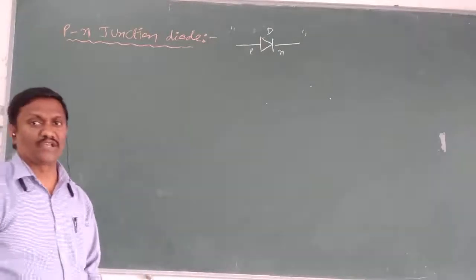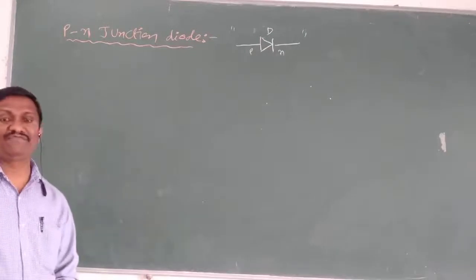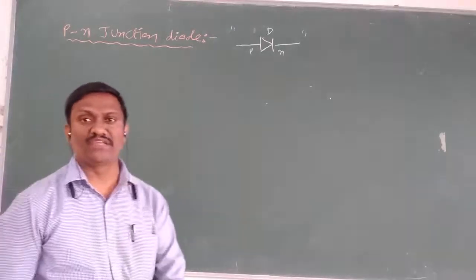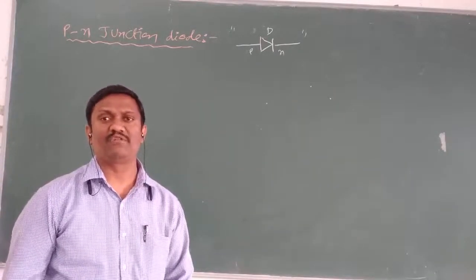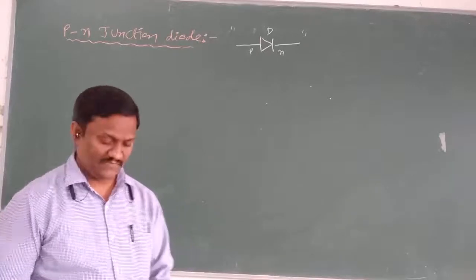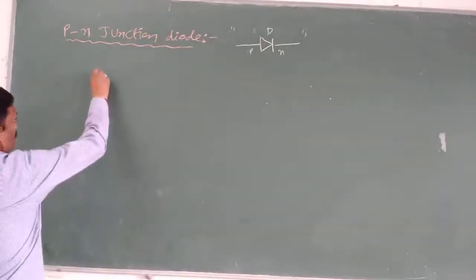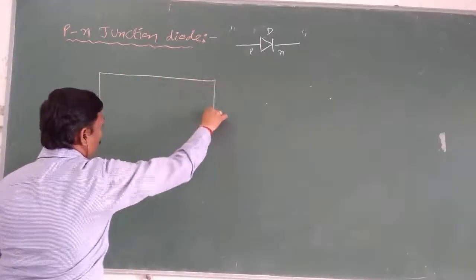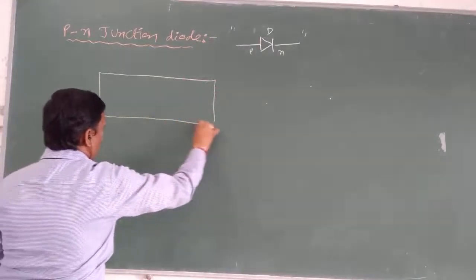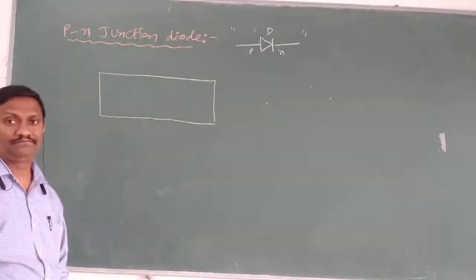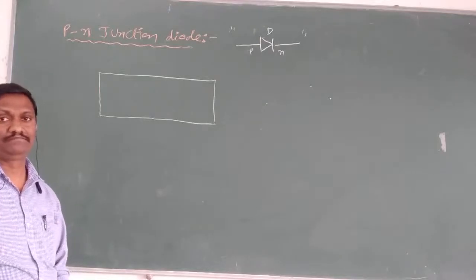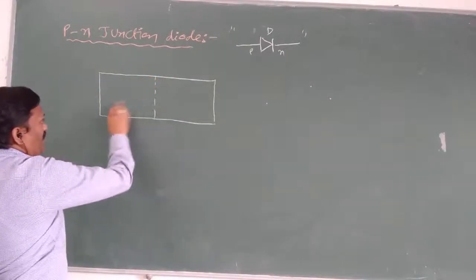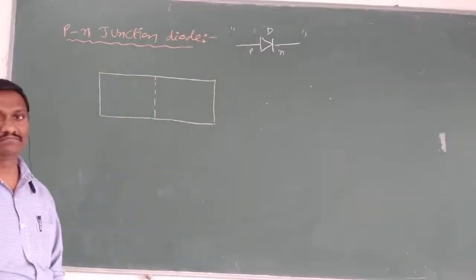The next important concept is the formation of the p-n junction diode: how the p-n junction diode is produced, and how it works. Assume it is one semiconducting crystal. During the manufacturing of the semiconducting crystal, the first half of the part is doped with trivalent impurity.